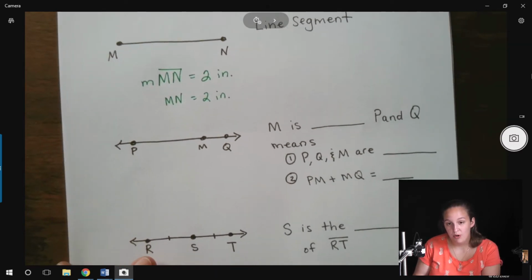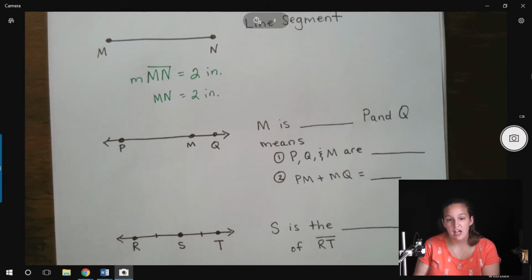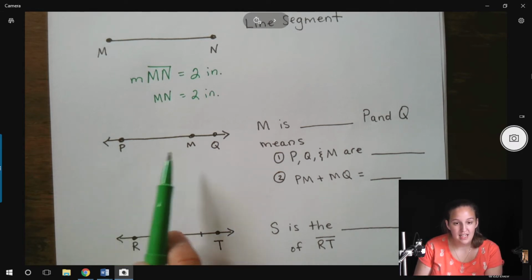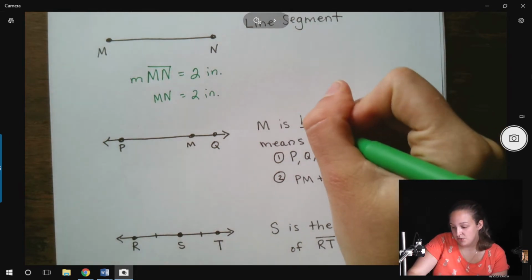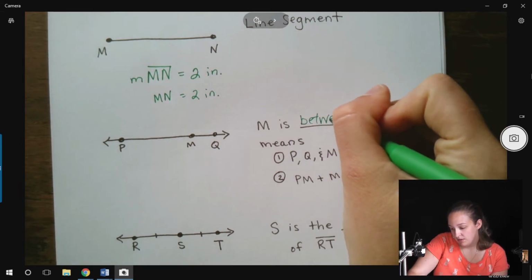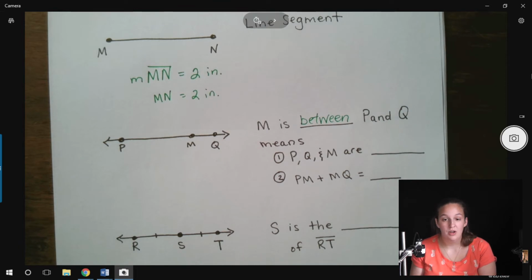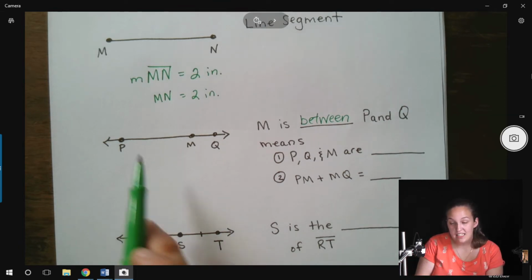This is really important because it allows us to tell more about what we have. So in this case, we have points P, M, and Q. And if I told you that M is between P and Q, that means two things. If it's between, it has to be on the same line.